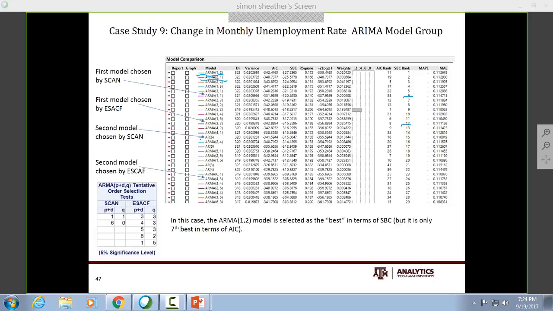And then the second model chosen by SCAN, which was ARMA 6-0, is ranked 16. And then ARMA 4-3, ESACF, that's ranked 25. And again, I choose this example because I want to show you something that we all know and love, unemployment rates, and give you a realistic example. And it's all going to have a happy ending by the end of the deck. Any questions about what we're looking at in this chart?